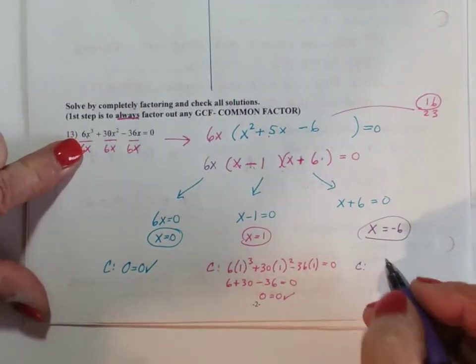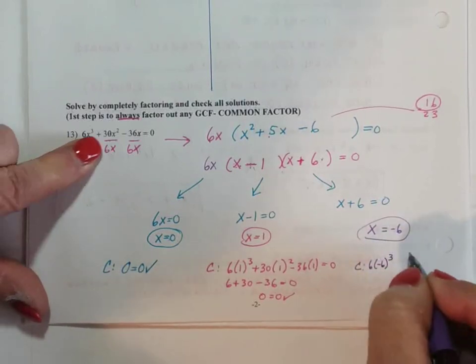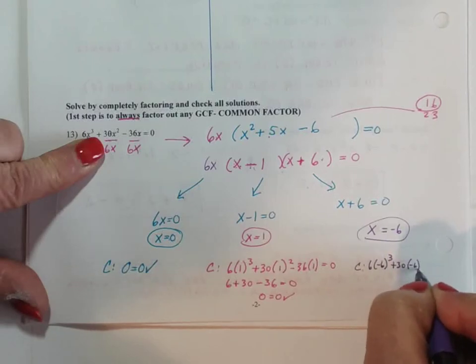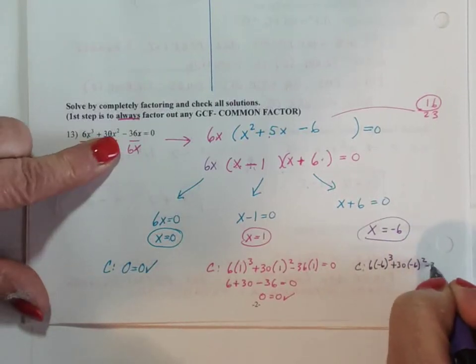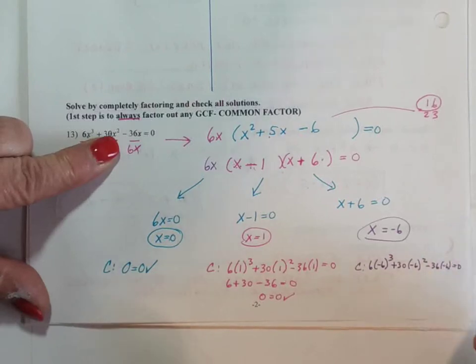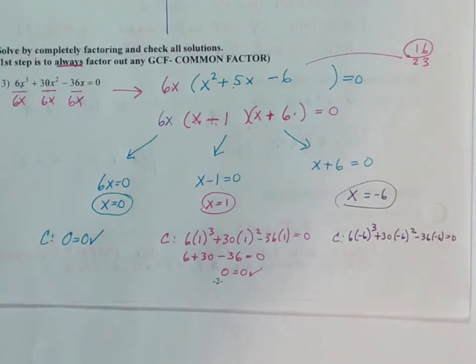All right, so we're going to have 6 times negative 6 cubed plus 30 times negative 6 squared minus 36 times negative 6 equals 0.